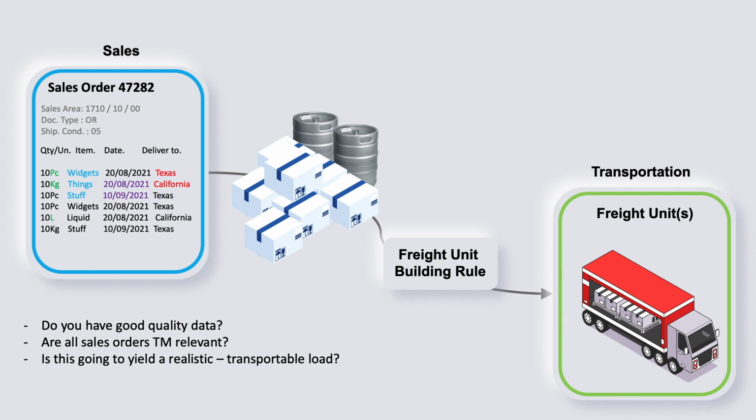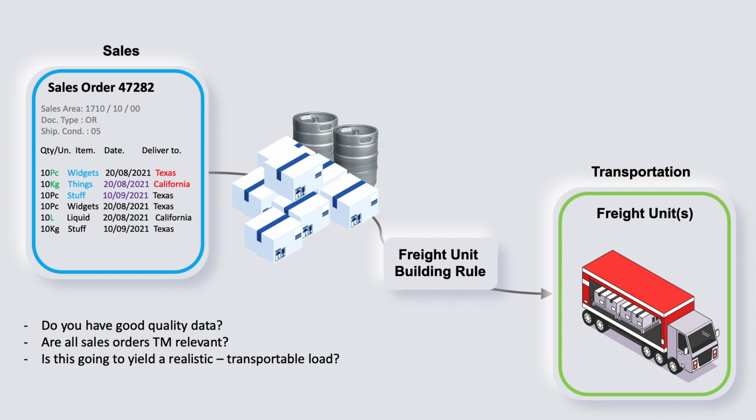Now, before we delve really into the details of this, there are also, I think, 3 basic and fundamental questions that you need to ask yourself to make this process work correctly. Number 1 is, do you have good quality data? As we can see here, we have units of measure such as pieces and liters, but such units of measure are somewhat meaningless when we look at transportation, because a transportation resource will usually be measured in terms of a maximum weight or maximum volume that it can transport.